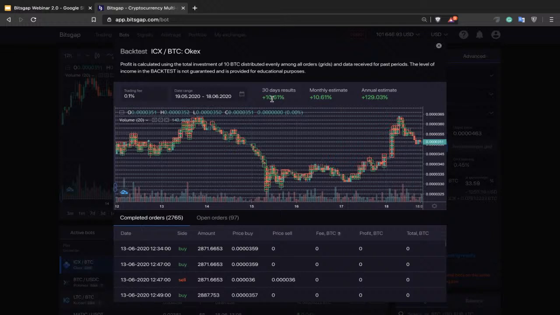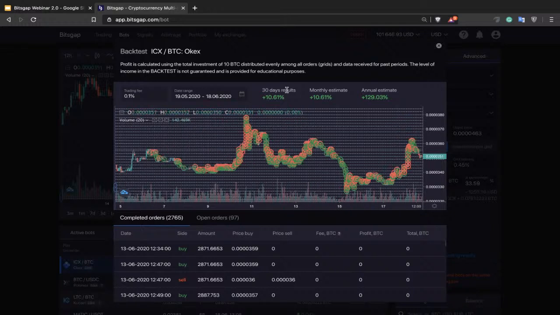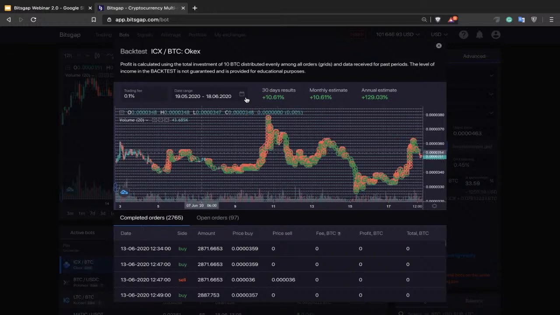So that's the bot profit, all right? We don't take into account the value change of the base currency icon. Here we only take into account the bot profit, all right? So for that period, it would have generated 10.61%.